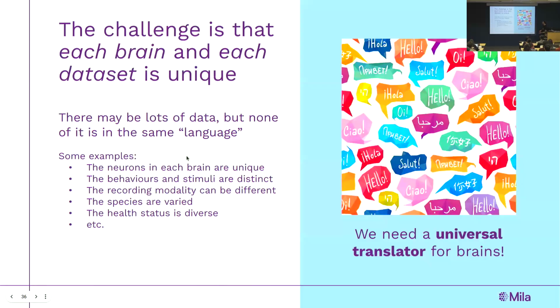And the challenge is the fact that each brain is unique. They're not speaking the same language. So we need a sort of universal translator for brains that can take account of the ways in which each neuron is different, each behavior is different, each stimulus is different, and each recording modality and species is different.